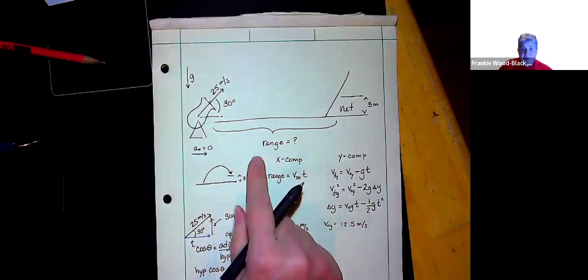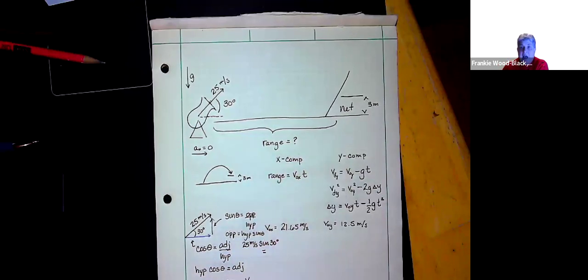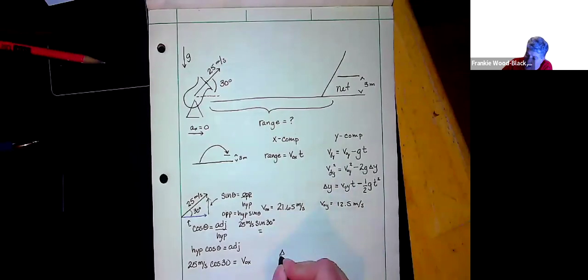So we're still trying to figure this out. I don't know the range and I don't know time. Well, that's all well and good, but I have two equations, two unknowns. Because I want to know when my change in y is equal to 3 meters.